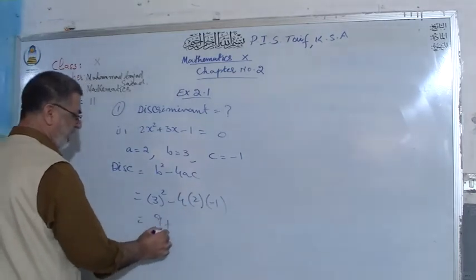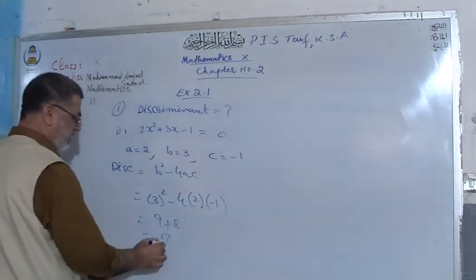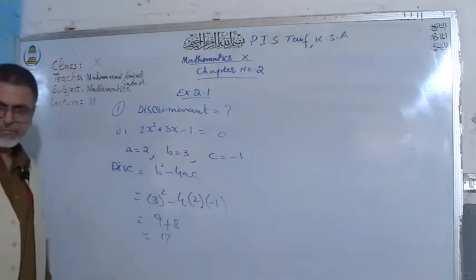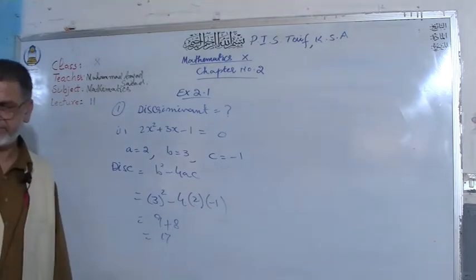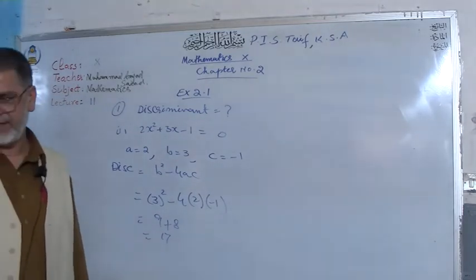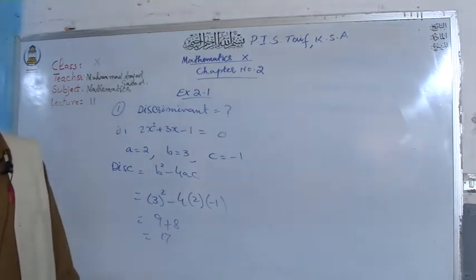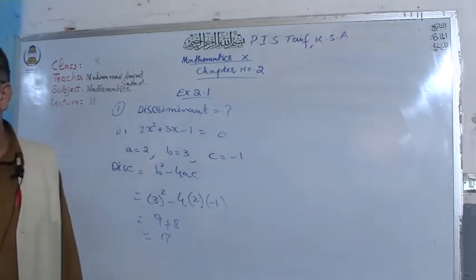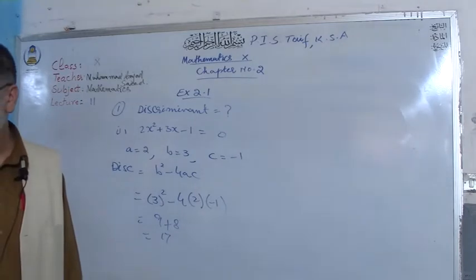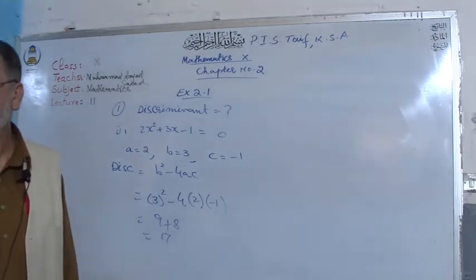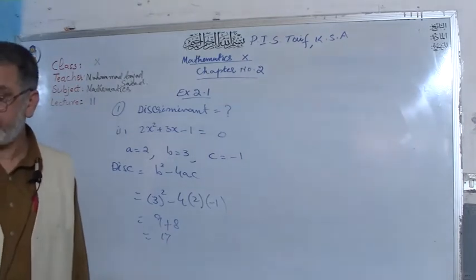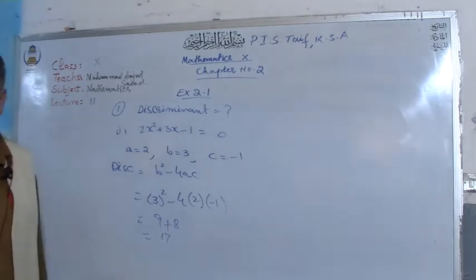That will be 9 plus 8 is equal to 17. This is your answer. After that, you can do part number 2, and I'm going to write down part number 3.